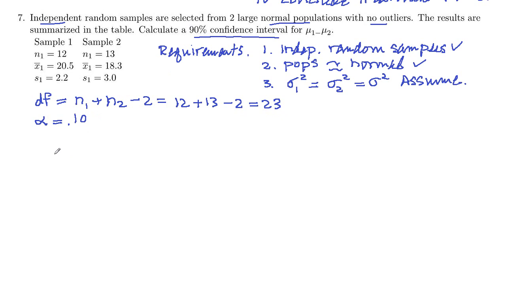And then these are small samples here, so we're going to need our pooled estimator, sp squared. So that's our pooled estimator of the variance here.